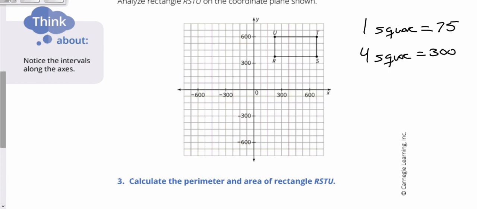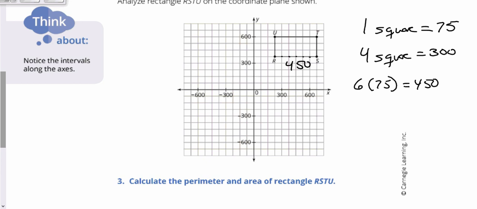So you just need to think through this. We actually now have 1, 2, 3, 4, 5, 6 squares, but 1 square is 75, so we take 6 and multiply it by 75, and we get 450 units for this length here.